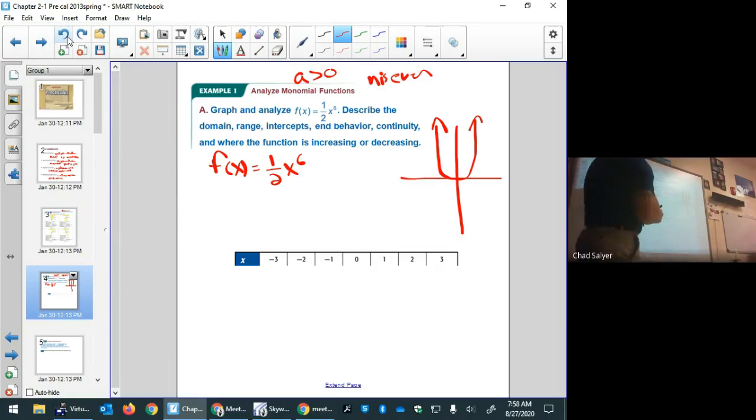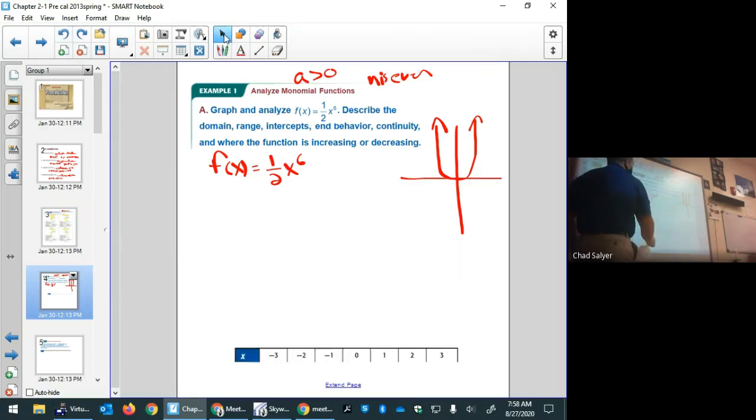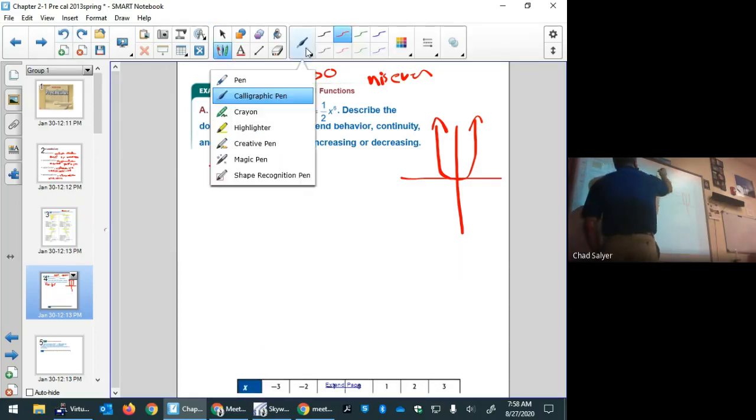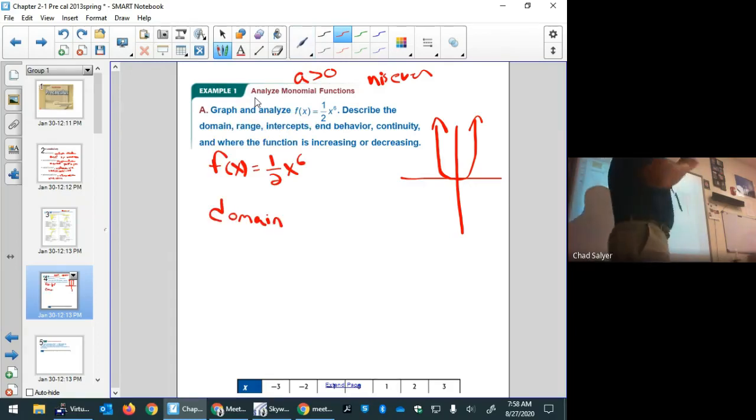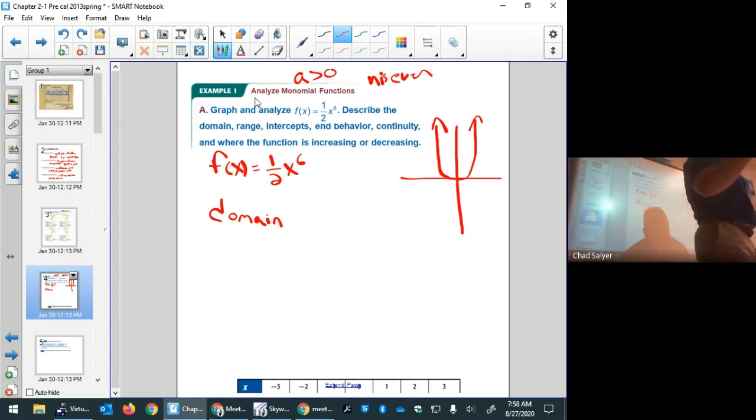So let's describe the domain, range, intercepts, end behavior, continuity, and all that stuff, just based on our sketch of the graph. So first of all, the domain, as is the case with all monomials and all polynomials for that matter, the domain is x is a real number.